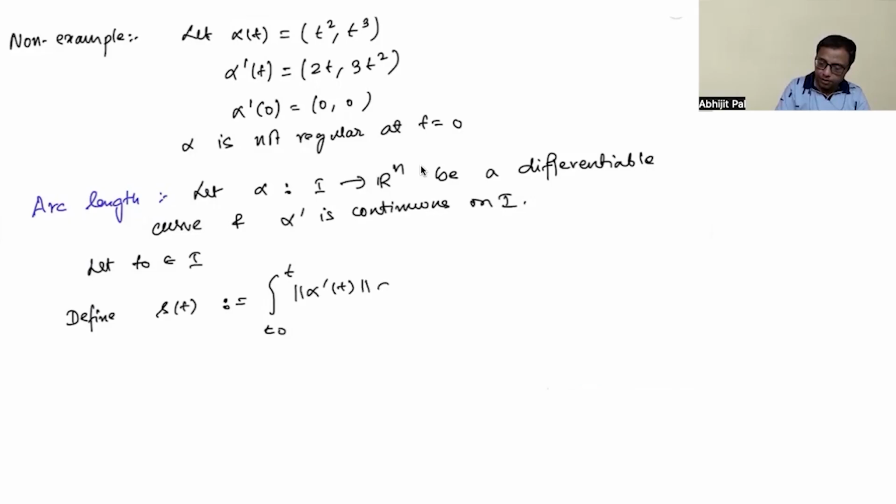What is this s giving? Suppose we have this curve alpha, and suppose this is my point alpha t naught. If I take alpha t here, then s of t is basically the length of the curve between t naught and t.